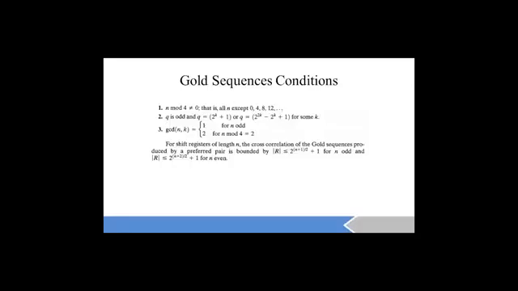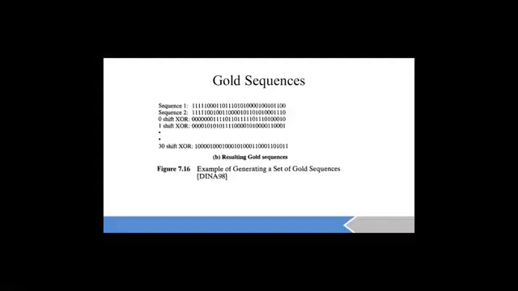The gold sequences are the 2 initial M sequences plus the generated sequences for a total of 33 sequences. This is illustrated in figure 7.16b.